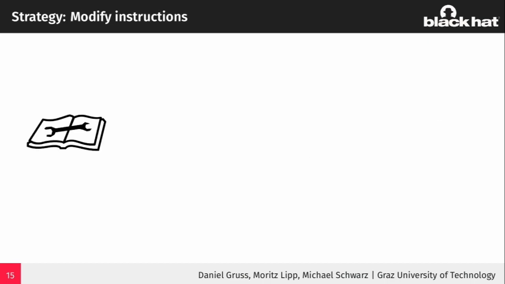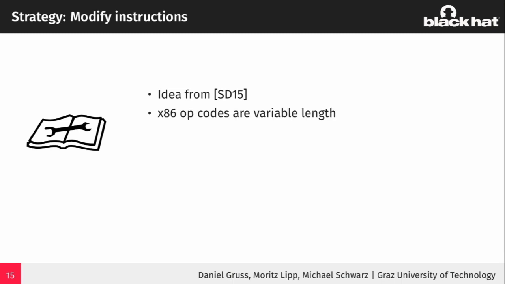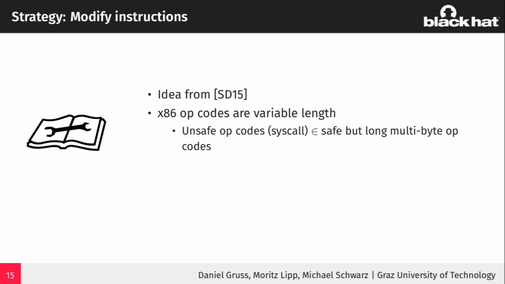Okay, so when we have bit flips now, Daniel, what can we do with them? It's just one simple bit. Any ideas about what to actually exploit with that? In 2015, Seaborn and Dullien showed that we can modify opcodes, because opcodes have variable length, and you might have a syscall instruction included in a longer opcode. So you have a long opcode, and part of the opcode could be interpreted as a syscall.